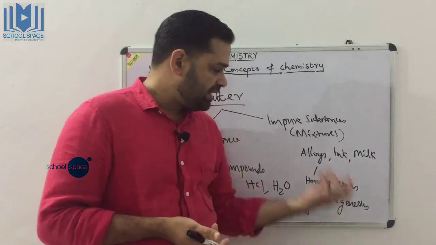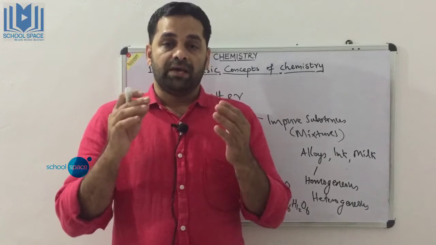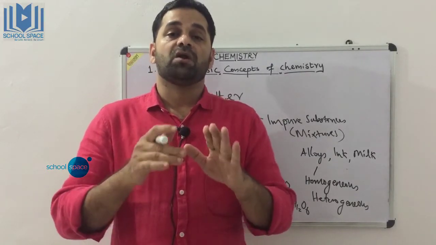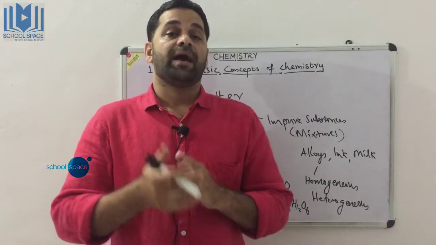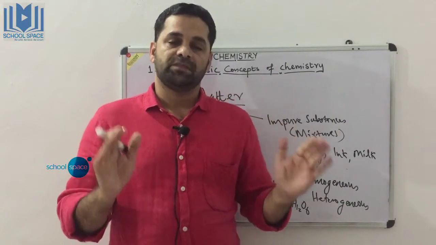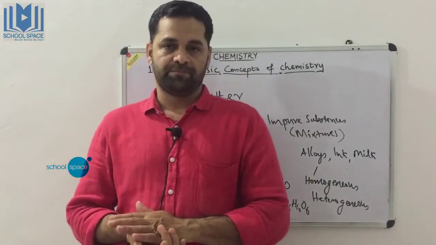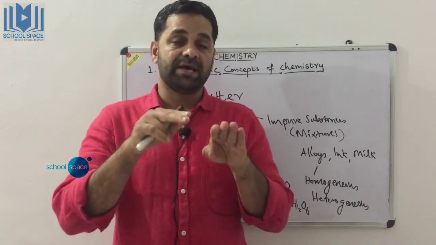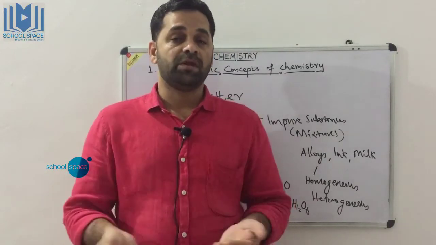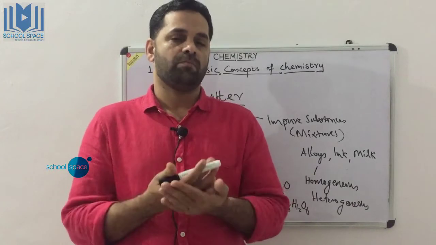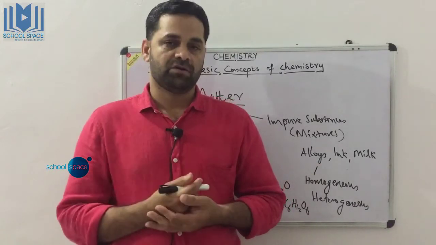And then what are heterogeneous mixtures? A mixture is said to be heterogeneous if the components are non-uniformly distributed and there is a visible boundary of separation between the components. For example, sand and water.